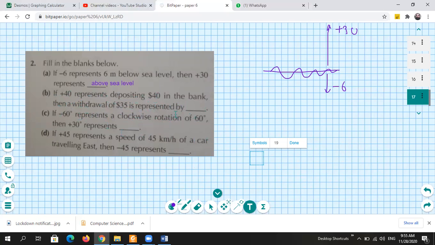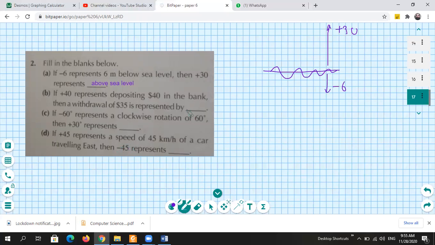Deposit means when you submit some money in the bank, and withdraw means when you take money out of the bank. So if depositing means positive, then when you're taking money out, the money would be less in the bank. It means it is negative.